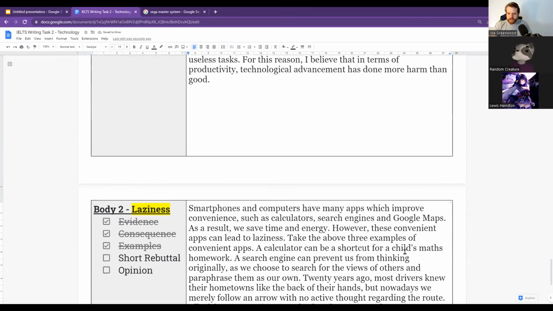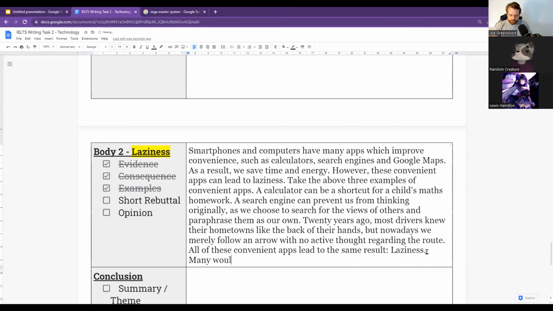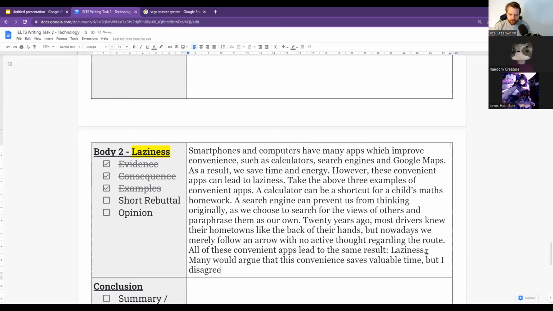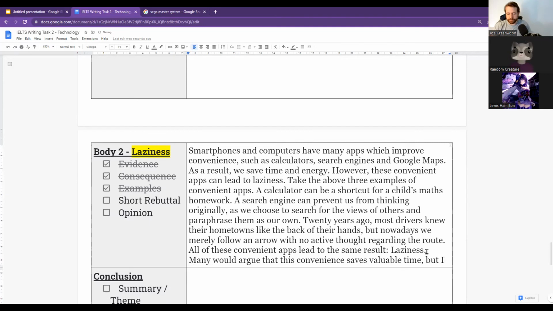I said some, so many would argue that this convenience saves valuable time. But time is money, and we're not going to support them, we're going to go against them. But I disagree. Well, I don't disagree with that because that's true, right?